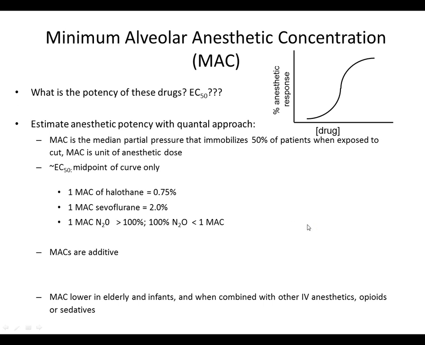For example, if 0.75% halothane is 1 MAC and 2% sevoflurane is 1 MAC, if you were to combine 1% sevoflurane with 0.75% halothane, that would give you 1.5 MACs. Most patients for most procedures would require between 1 and 1.5 MACs.